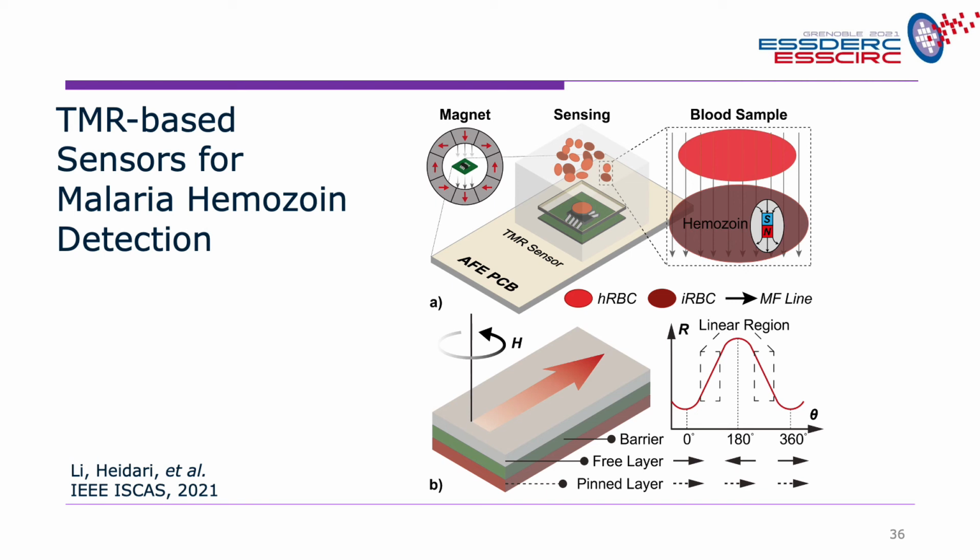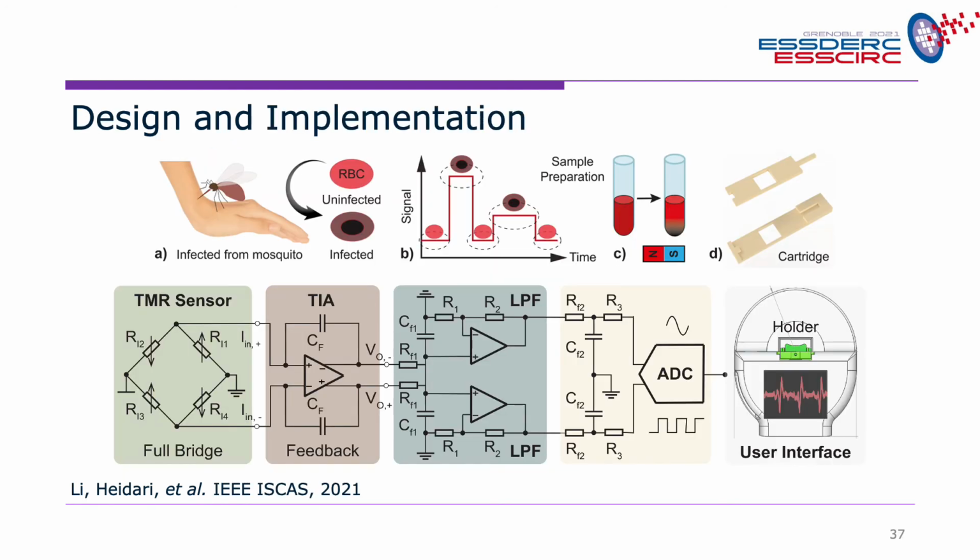In this regard, the blood samples need to be magnetized using a magnet up to 1 Tesla, and then using the TMR sensors, we could read the number of hemozoin inside the infected red blood cells. So using the TMR sensors, indeed we could detect the number of hemozoins inside the Halbach array that could generate a 1 Tesla magnet.